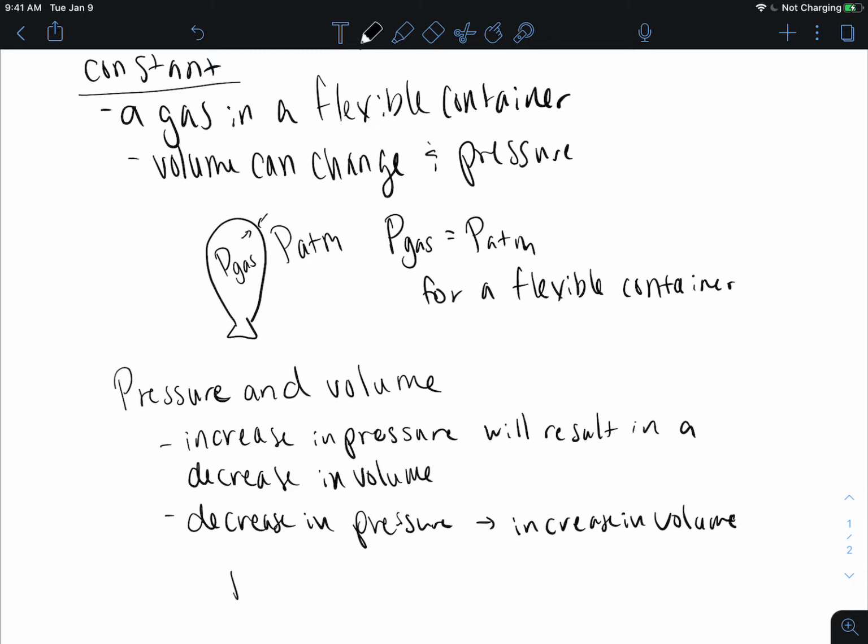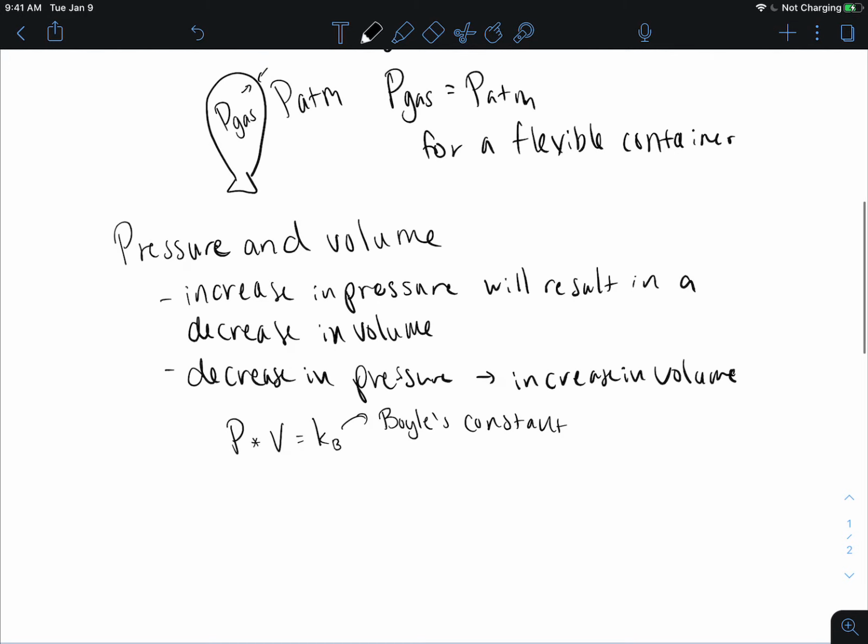So we see that the pressure times the volume is equal to a constant, Kb. This Kb is Boyle's constant, named after Boyle, who came up with this law.